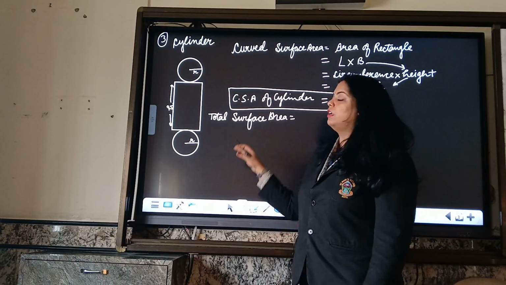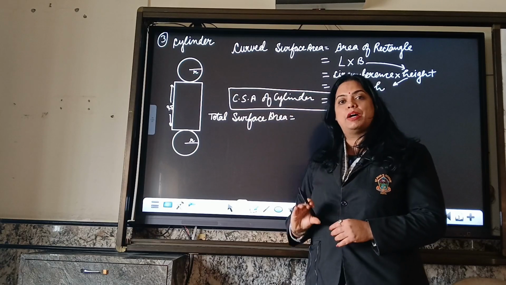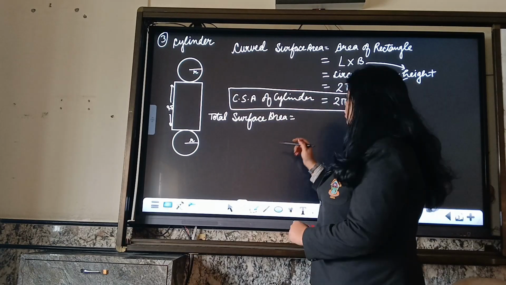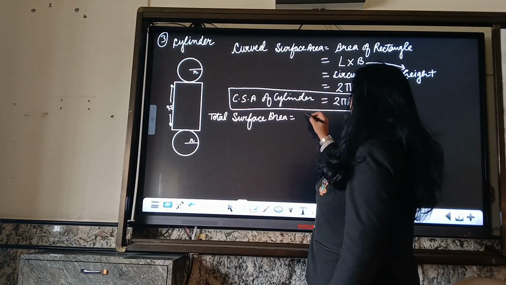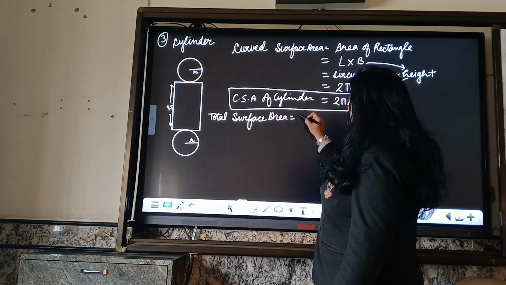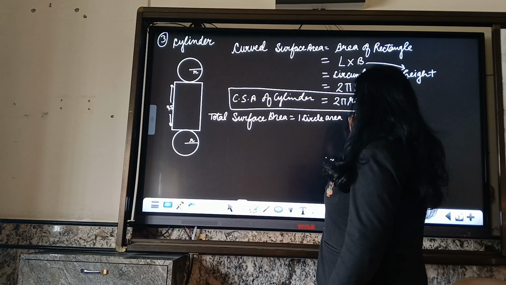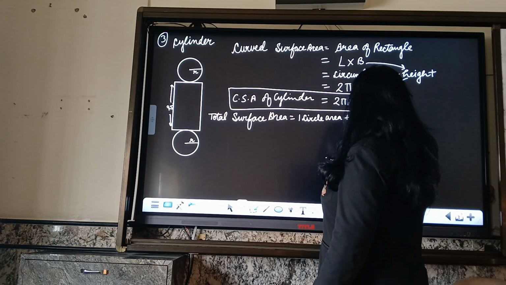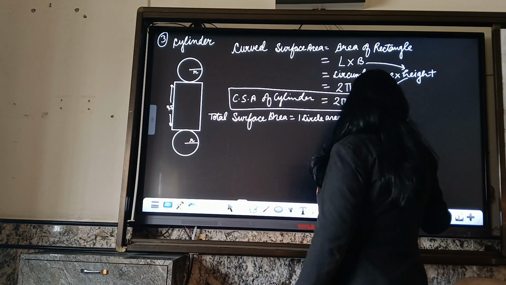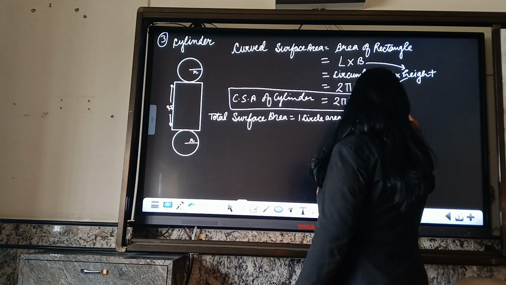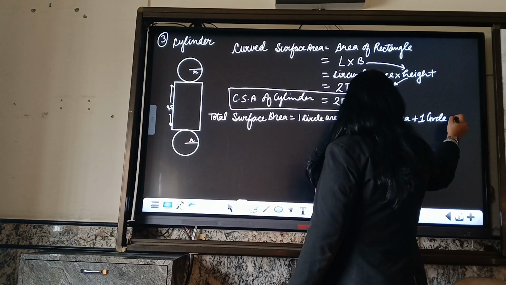Now I will find the total surface area of a cylinder. A cylinder is made up of 2 circular parts and 1 curved portion. So we use all 3 areas to find the total surface area. How? It will look like one circle area which is on top, one curved area, and another circle which is at the bottom.